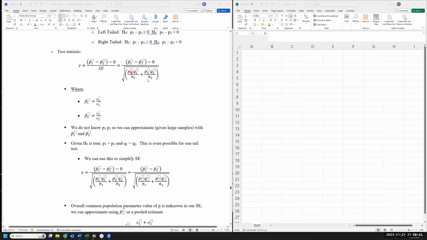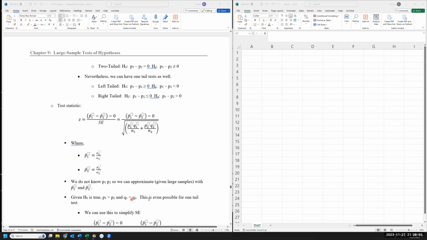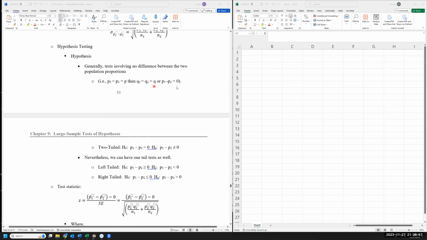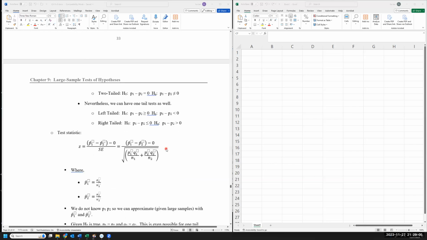Now, we can simplify the standard error slightly. Again, given the null hypothesis is true, and that's how we always do our testing, then P1 is equal to P2, right? And Q1 is equal to Q2. That's from here, okay? If we assume that the difference is equal to 0, then P1 is equal to P2, and then Q1 is equal to Q2.